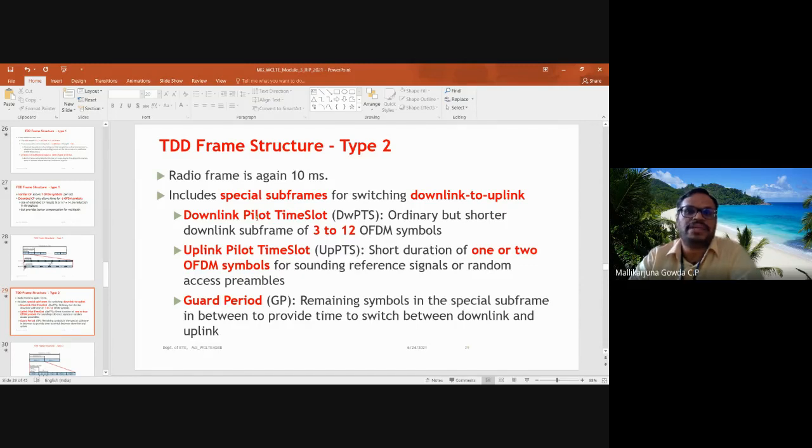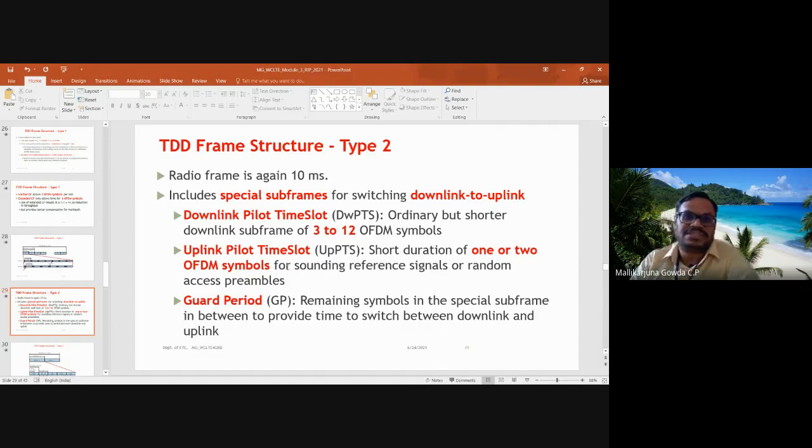Similarly, there will be the uplink pilot time slot, denoted by UpPTS. This will have 1 or 2 OFDM symbols. This is for sounding reference signals or for random access preambles.